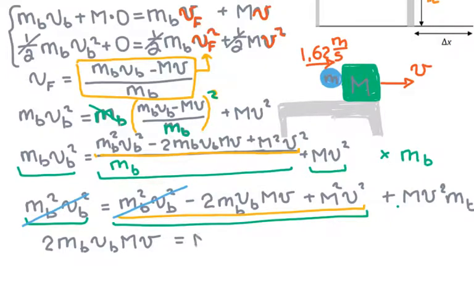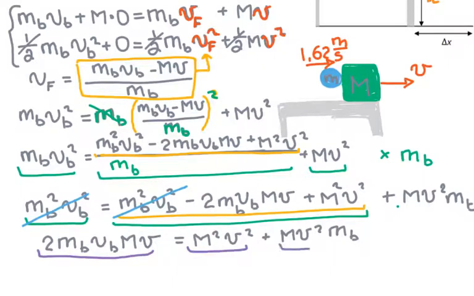So I will have m squared v squared plus mv squared and mass of the ball. And because every single term, this term and this term, all of them have velocity, I can cancel that velocity.